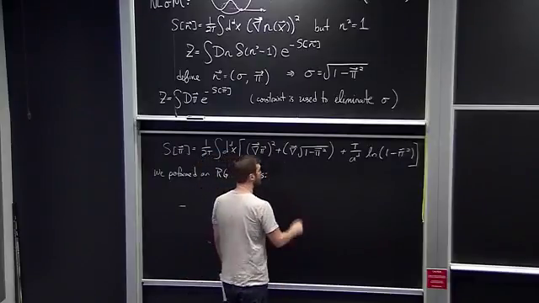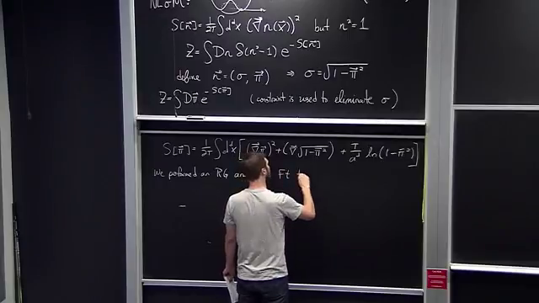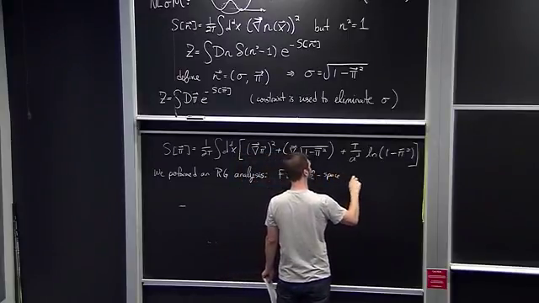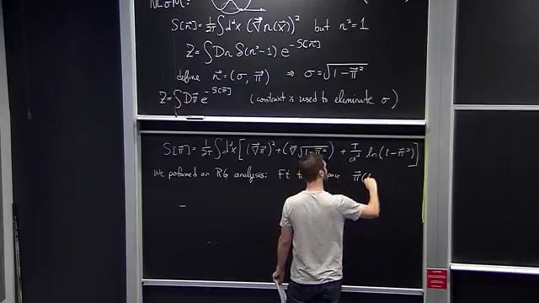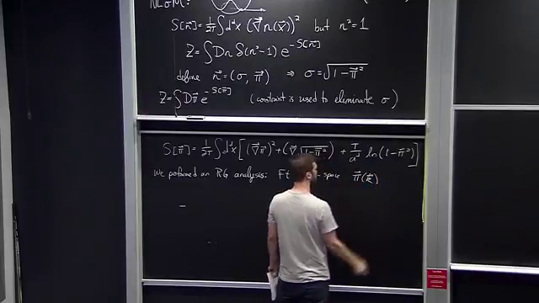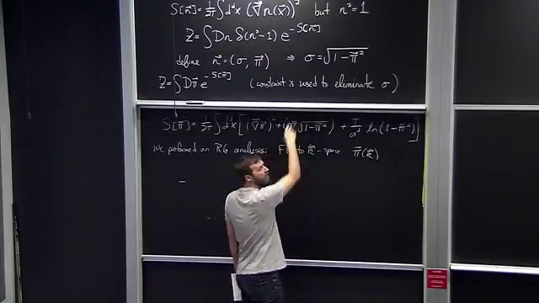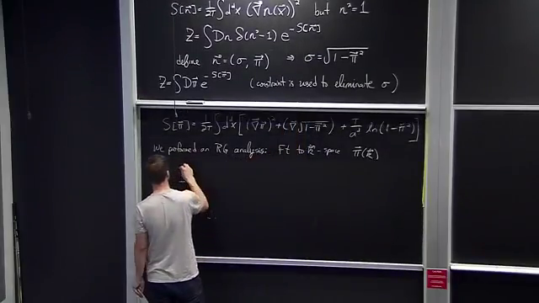I think we Fourier transform first. Fourier transform to K space. So then we have pi's, which are functions of K. Then we did the momentum shell.